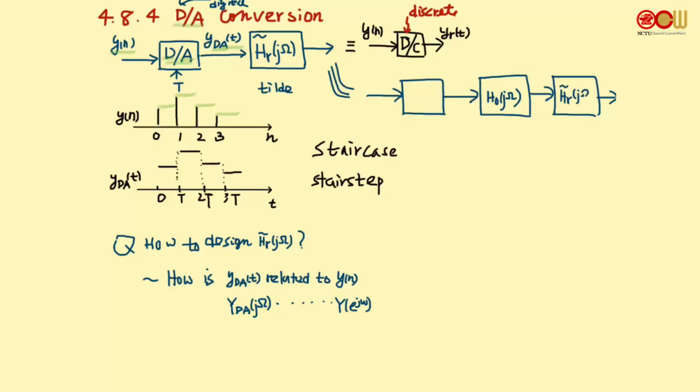The first part of the D2A converter is a sequence to impulse train, with input yn. Then comes H0 j omega, whose output is y DAC. And the last one is HR tilde.